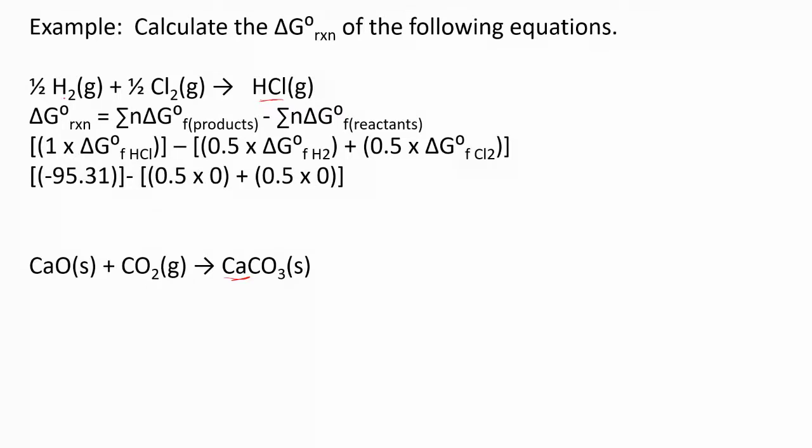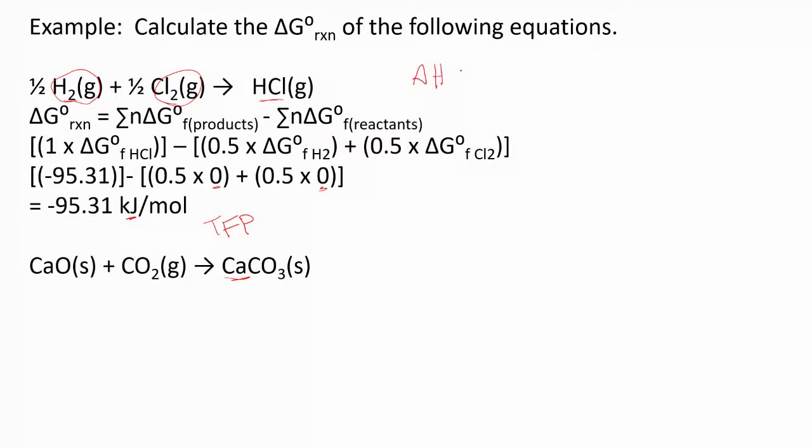Now notice here the delta G value of the hydrogen and the chlorine are both 0, just like they were for the delta H. So our delta G for our standard states is also 0. So when we plug it in, we get a negative 95.31, and you'll notice this is in kilojoules per mole. Because this is negative, this is a thermodynamically favorable process.